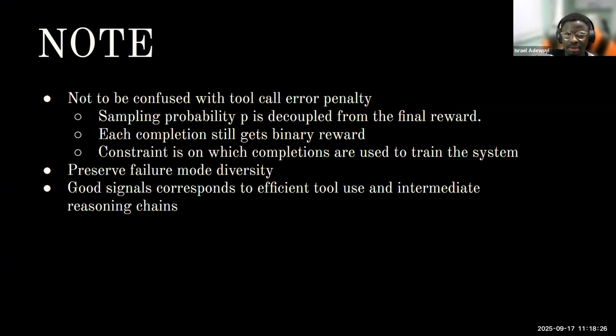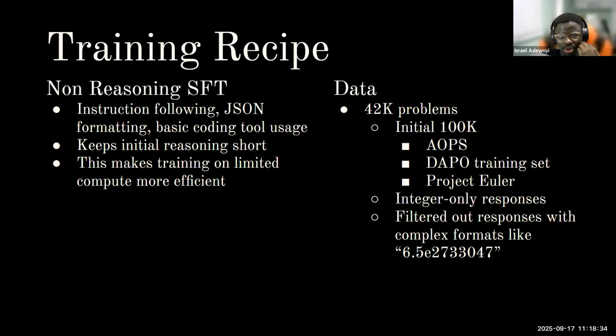So that was the first part of the paper, the RL training algorithm. Then they also had a quite interesting recipe, which is they first performed SFT on non-reasoning data.